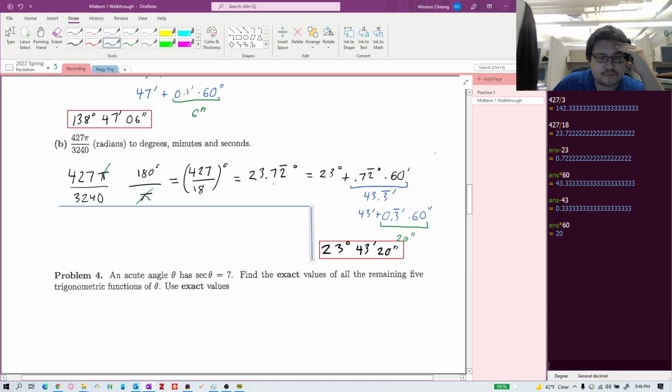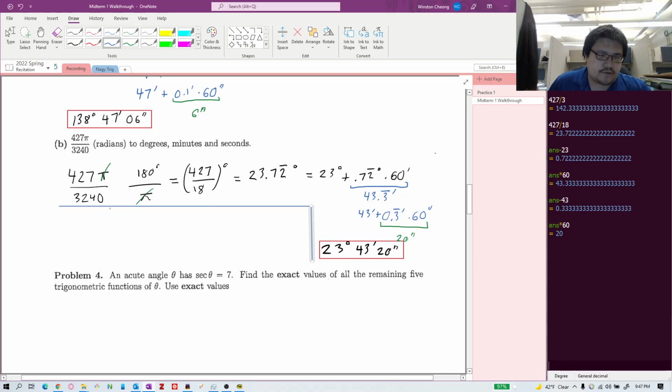So the idea is we need to calculate what this fraction is. We're converting it from an improper fraction, which is how it is right now, where the numerator is bigger than the denominator, to the mixed fraction notation. Looking at this decimal representation, you have 23 whole parts and then some fraction left over.